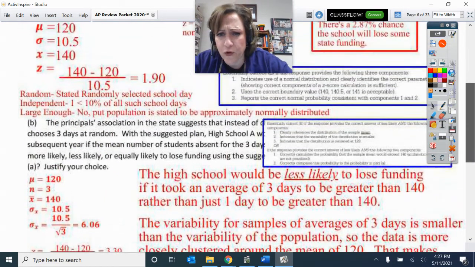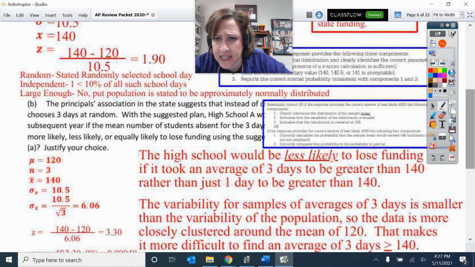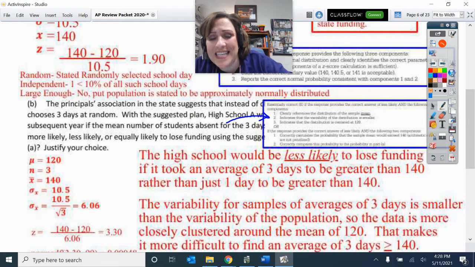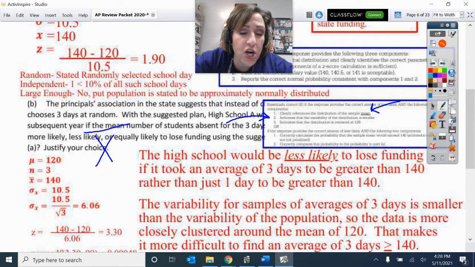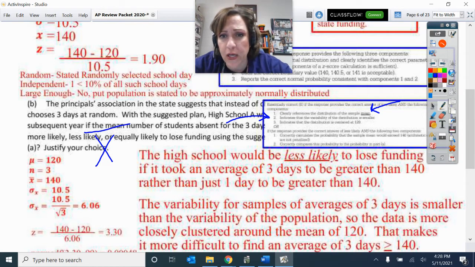Now let's look at full credit, how they actually did this. That's hard to read. It indicates that the variability is smaller. To get full credit, it clearly indicates the distribution of the sample means, the distribution of the X bars of samples of size 3.